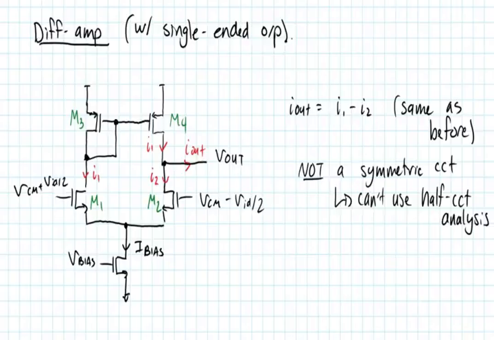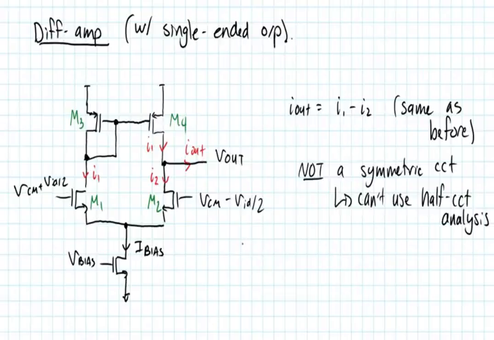It turns out that you can draw small signal models for all of these transistors and do some analysis. It gets a little complicated, particularly if you want to include ro and things like this. But I'm going to show you perhaps a slightly easier way to do this when the circuit is biased in subthreshold.